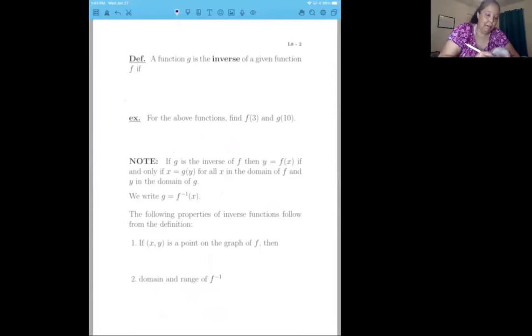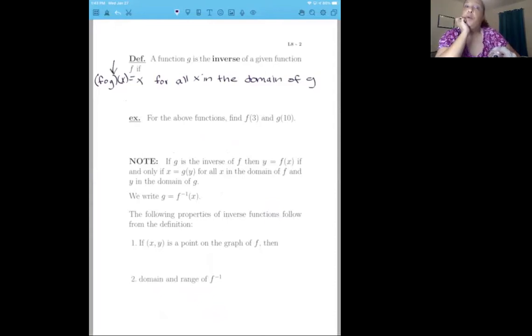So if I compose f composed with g of x, and that output is x for all x in the domain of g, so all the values of x that are in the domain of g. We talked about when we were composing functions, the first thing we need to look at is the inner function.